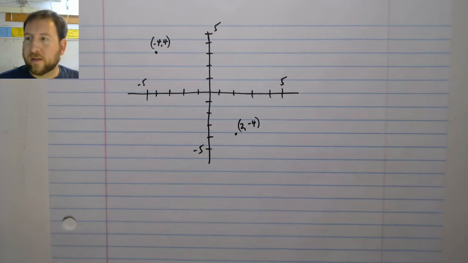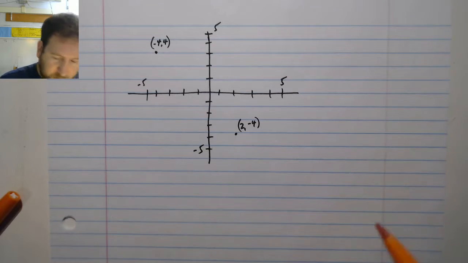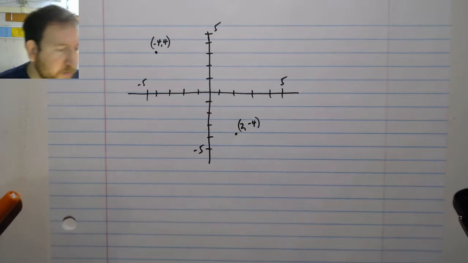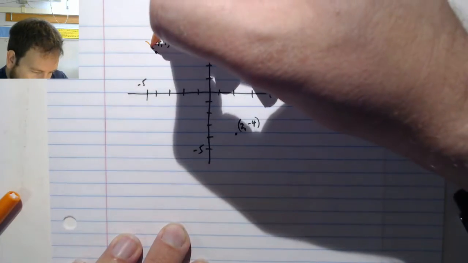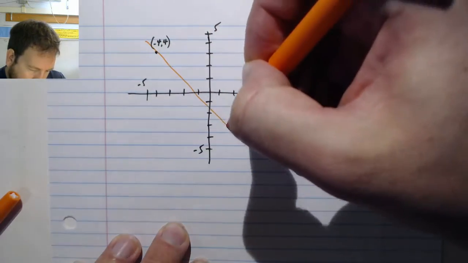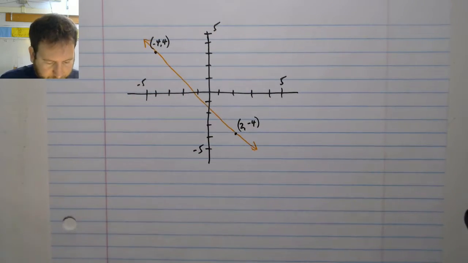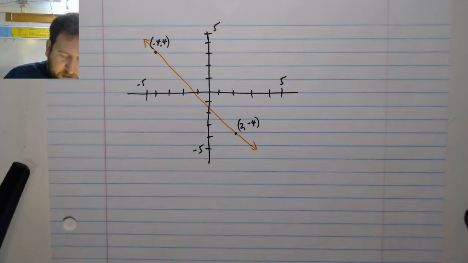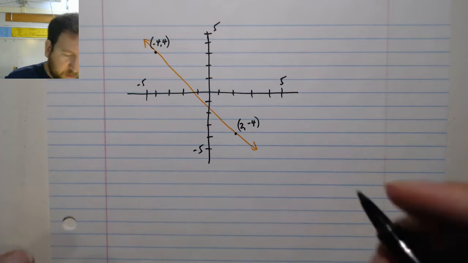Now, if I need to find the slope of this, I'm going to have a line that runs between them. I don't have a ruler over here, so I'll do the best that I can to make my line. Not too bad. And the question is, what is my rise over run?